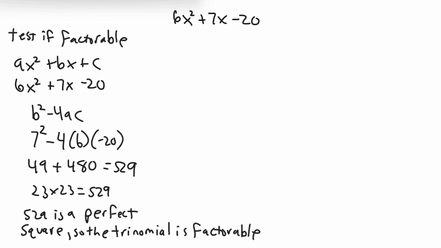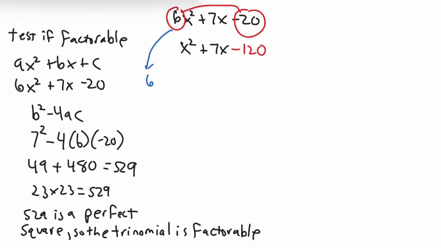Right, so first we're going to multiply 6 and negative 20 together. That gives you negative 120. We're going to move the 6 over to the side because we're going to come back to that. Drop the 6 in front of the x squared because we multiplied that by the negative 120. You're going to put negative 120 on the top, 7 on the bottom.